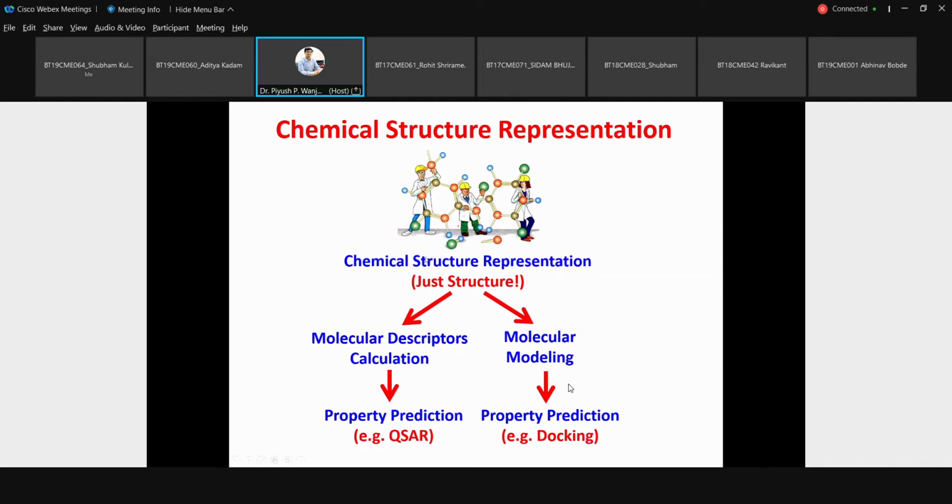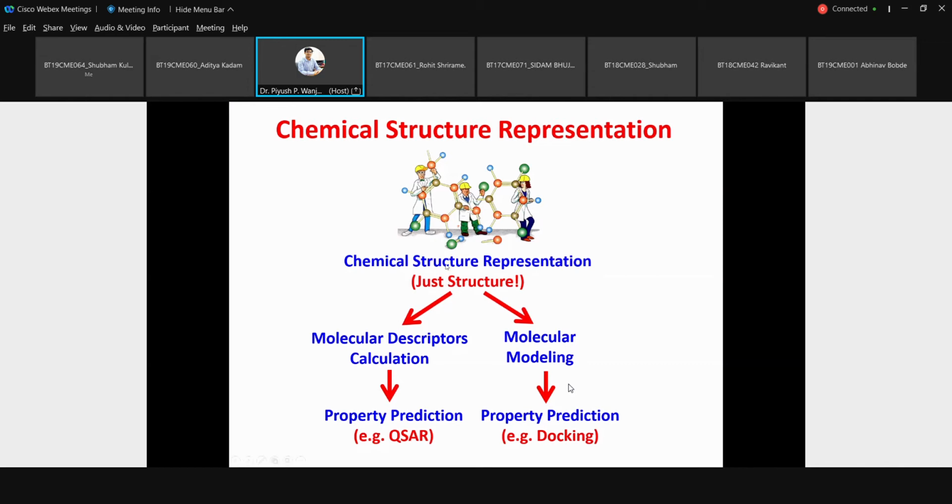You now know how to build structures using some software. Today we are going to learn the SMILES representation, so you will gain confidence with all the different structures, which you can even draw by hand, and learn how to represent them by simple line notations.